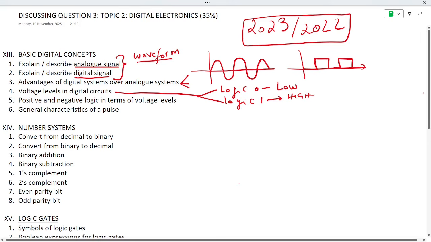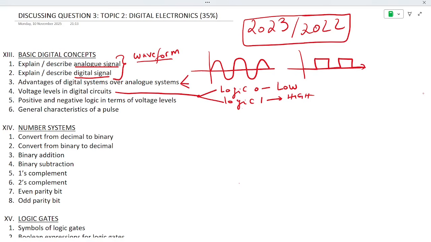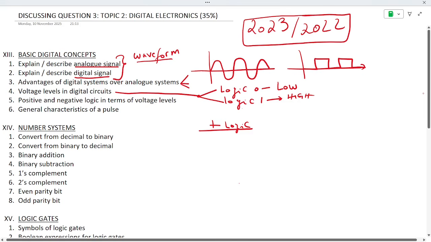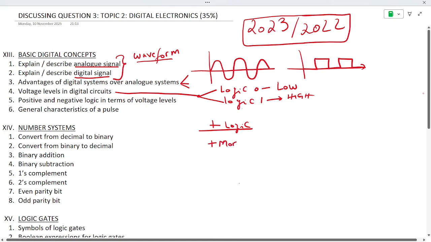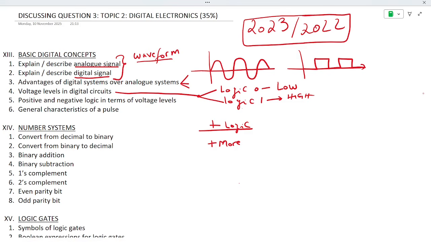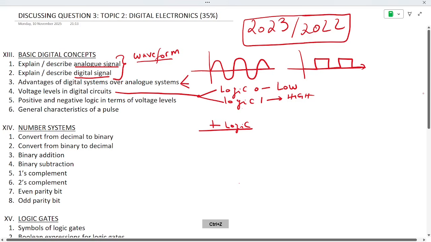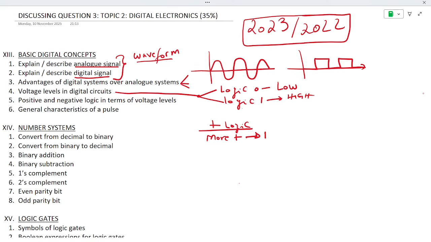Now, what is a positive logic and what is a negative logic? In a positive logic, we say that a more positive voltage represents a 1, and a less positive voltage represents a 0.